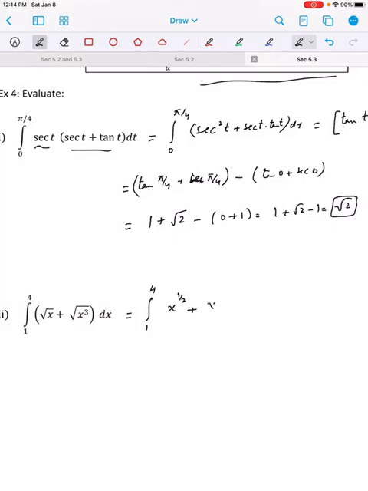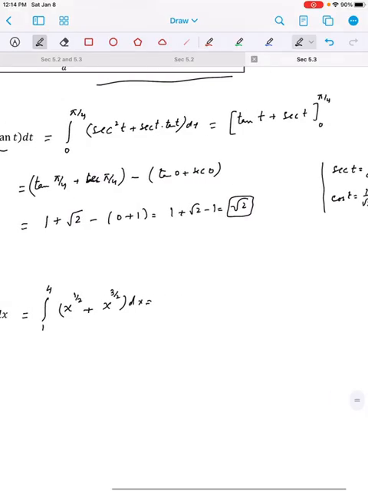And now we can apply the power rule. According to the power rule, the antiderivative of the first term, x to the 1/2, will be x to the 3/2 divided by 3/2, which becomes 2 over 3 x to the 3/2, plus in the same way x raised to the power 5/2, and on the side we are getting 2 over 5.